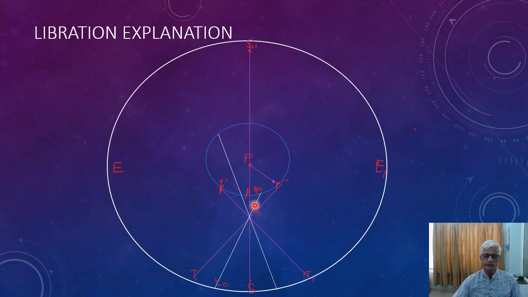That means all the poles within P dash and P double dash will oscillate between T and T1 with the fulcrum as C.